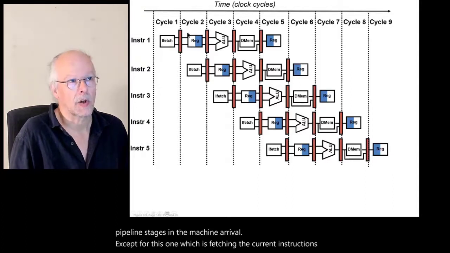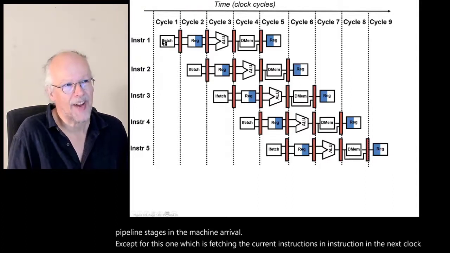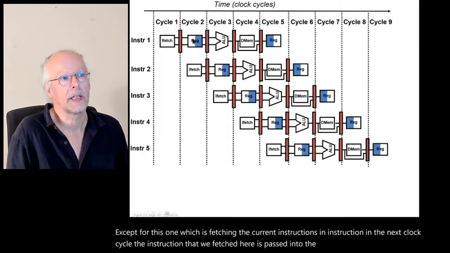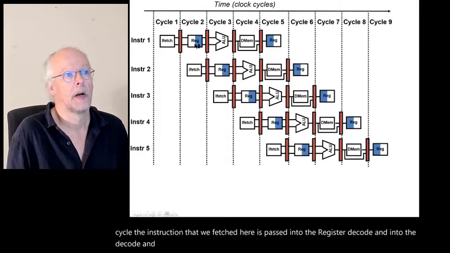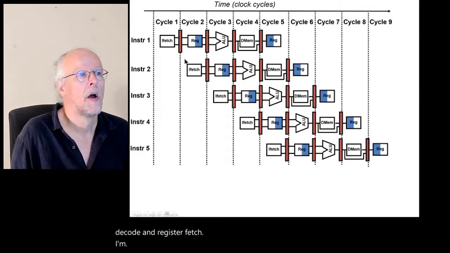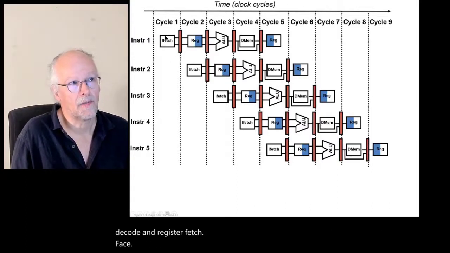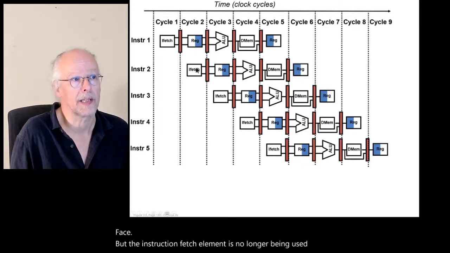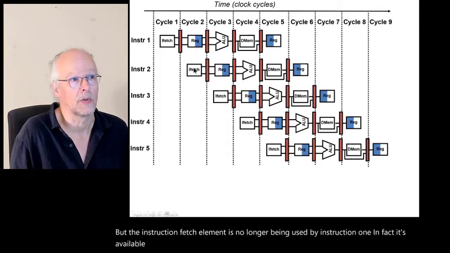In the next clock cycle, the instruction that we fetched here is passed into the decode and register fetch phase, but the instruction fetch element is no longer being used by instruction 1. In fact, it's available to be used in cycle 2 to fetch instruction 2.